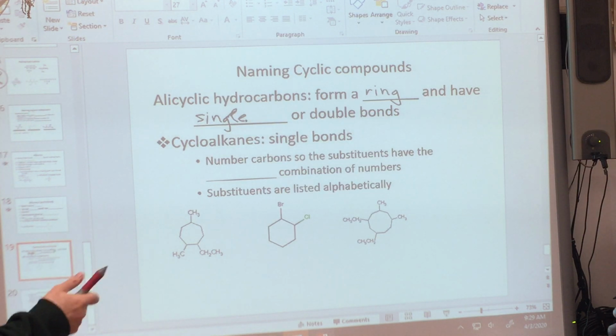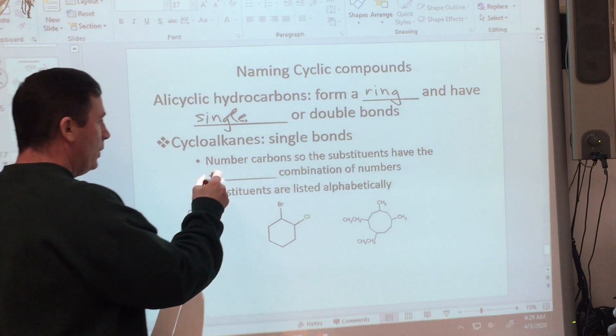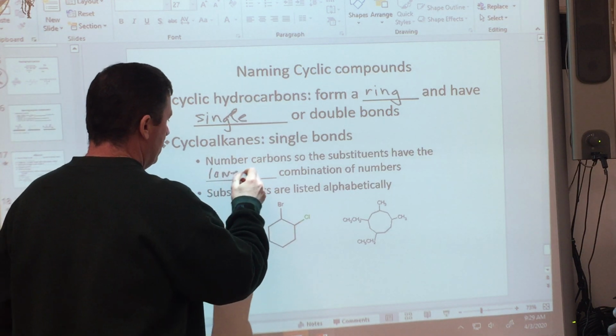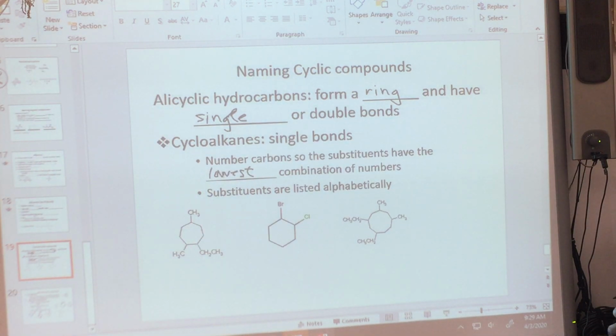So let's see how these are named. And this is the last little bit as far as naming goes. Number carbons, so the substituents have, again, the lowest combination of numbers. Lowest combination of numbers. And, as usual, the substituents are listed alphabetically.